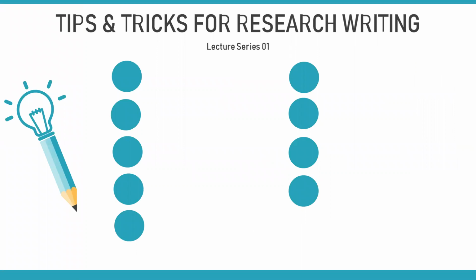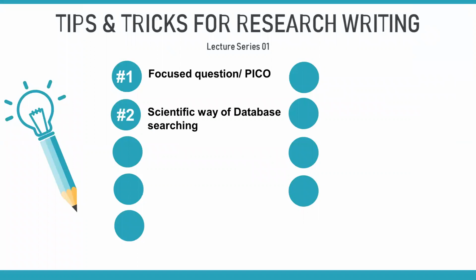So, with this, let us see in a nutshell the tips and tricks for research writing in the first lecture series, which was on literature search. What is the first trick for literature search? A focused question or PICO, the scientific way of database searching. An important thing to remember is you should organize your search beforehand and plan it.